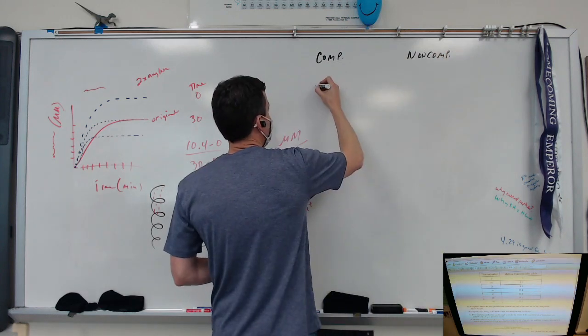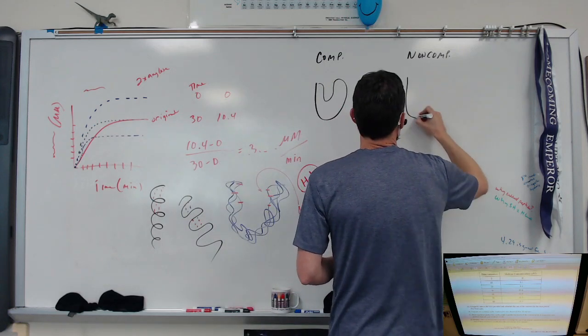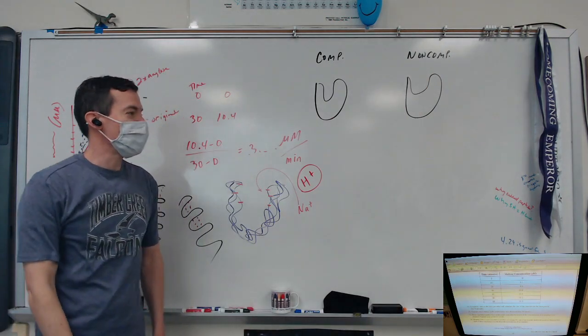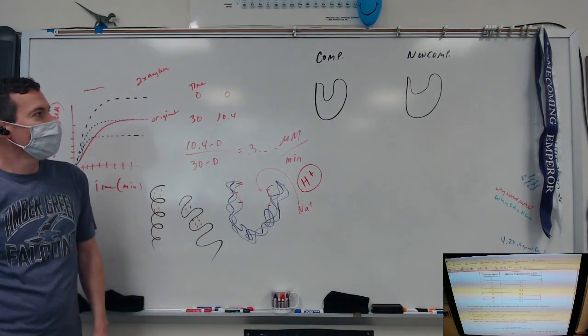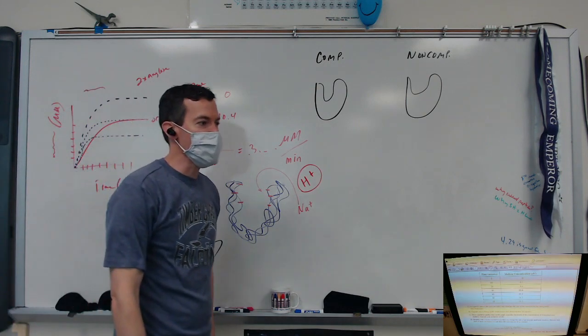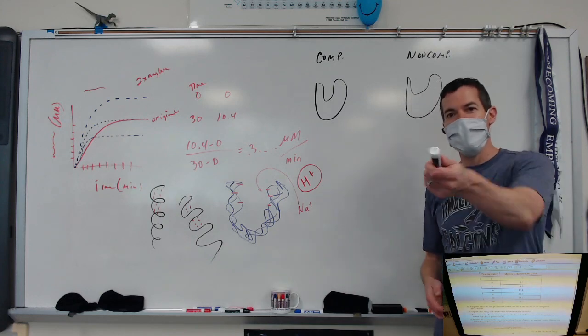All right, so let's say I've got an enzyme right here, and I've got supposed to be an identical enzyme right there. That's supposed to be the same. What's different about how a competitive inhibitor works versus how a non-competitive inhibitor works?